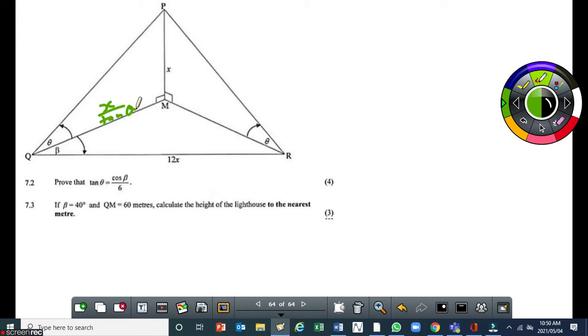And I know this is beta. In this case here, I want you also to be aware that we can find MR in terms of tan theta as well. Because if I use trig ratio, this is the opposite side, that's the adjacent side.